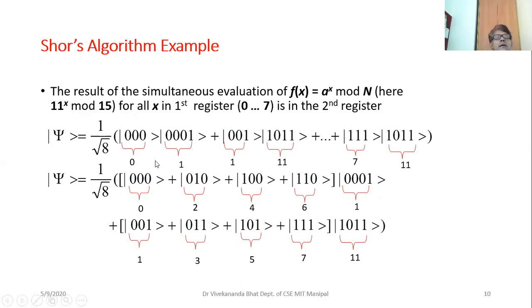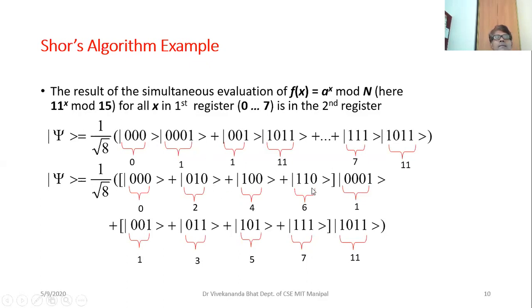So we are computing the values of f of x for various values of x in the first register, and the result will be represented in register 2. Register 2 having 4 qubits. Here, for example, if x equal to 0, you will get 1. So 1 is represented using 4 qubits, 0 0 0 1. So like that we are doing.